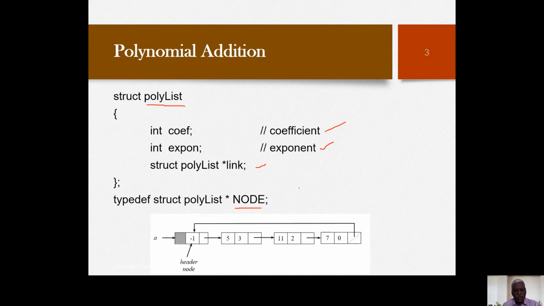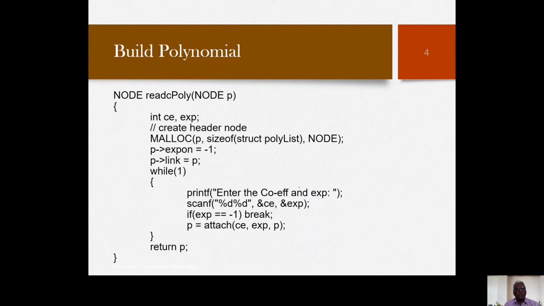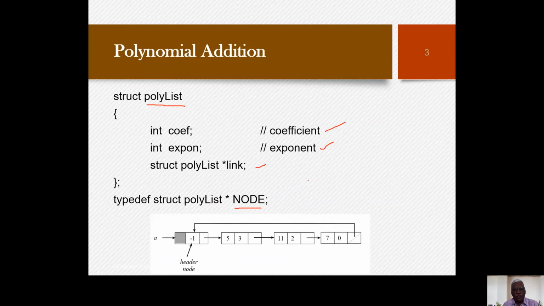Right. Now we will move on to how to actually build a polynomial. That means how to read in the terms so that we can completely get our polynomial built. Remember that for this header node, the exponent field is -1 and the coefficient field is immaterial.